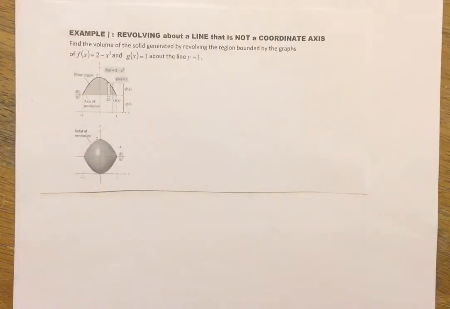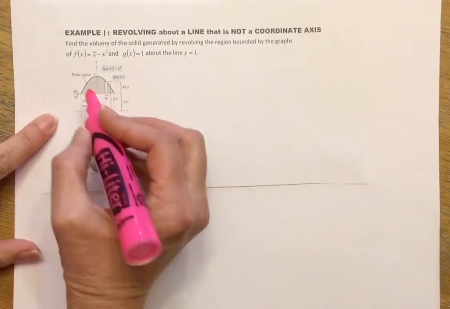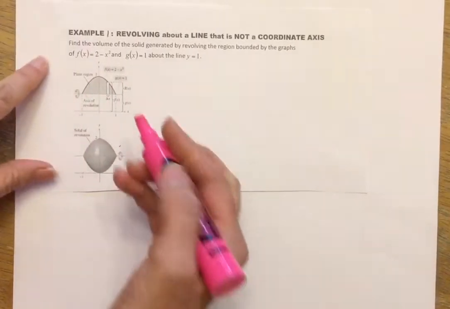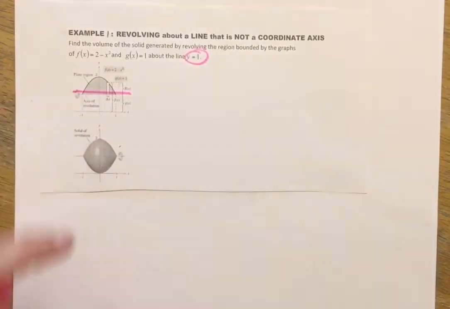So our first example says let's revolve around a line that is not one of the axes. In this particular problem, we're going to spin this around this line right here, which is the line y equals 1.